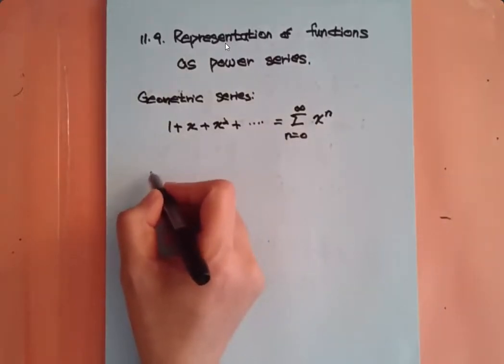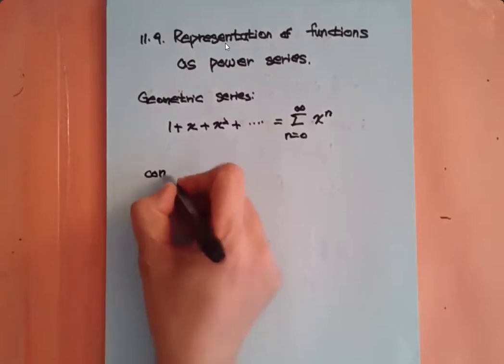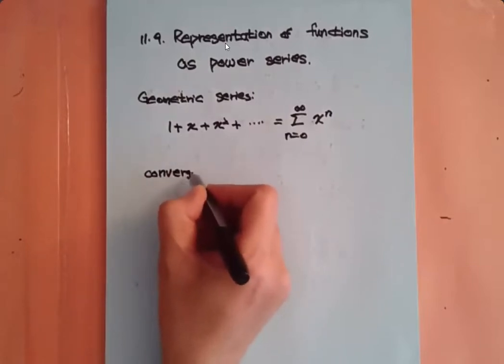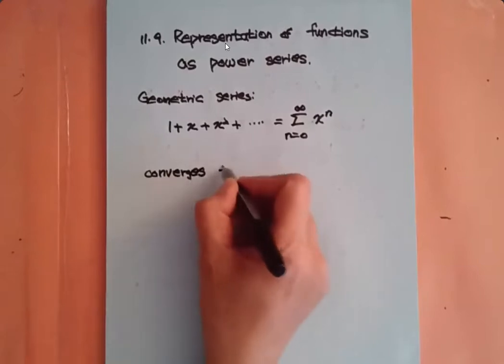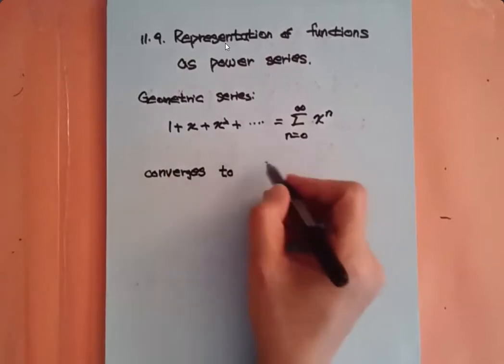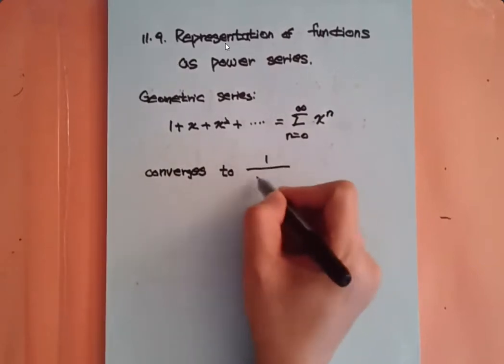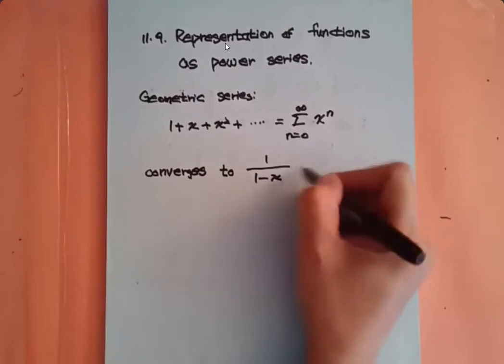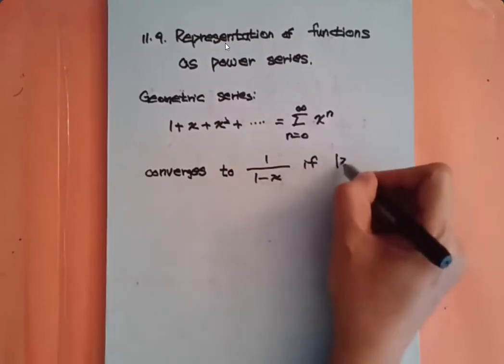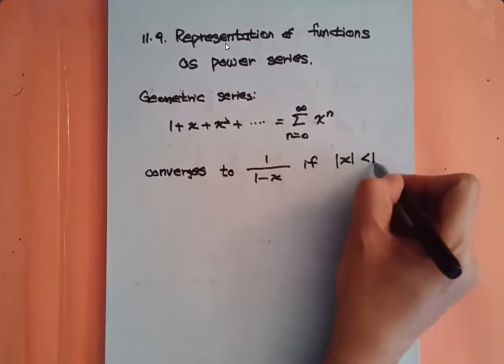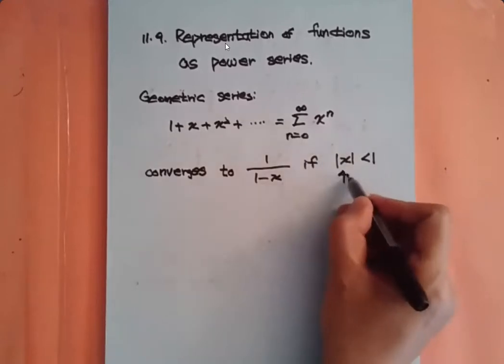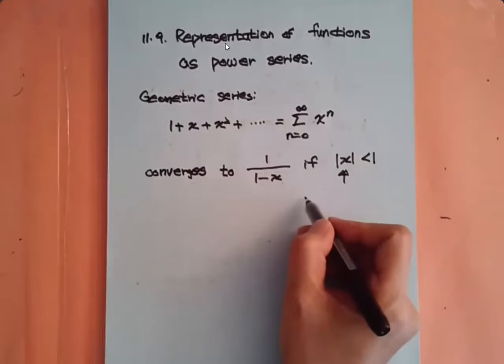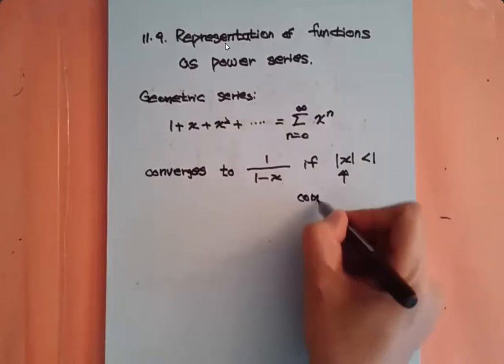A geometric series converges if the ratio is less than 1, right? So it converges to 1/(1 minus x) if the absolute value of x is less than 1. So x is the common ratio.